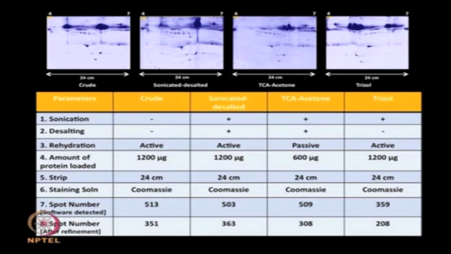We looked at the effect of sonication, desalting, rehydration, amount of protein loading, type of strip, staining solution, how many spots we can resolve on these gels, and, since automated software analysis gives a lot of artifacts, how many real spots we can obtain after manual refinement. I am trying to give you all the details one needs to perform before reaching the stage where you can compare the healthy control with the clinical samples.